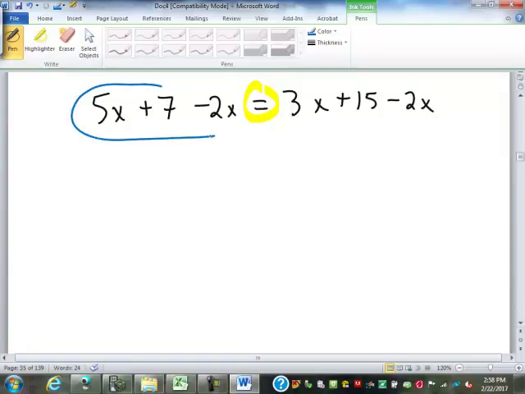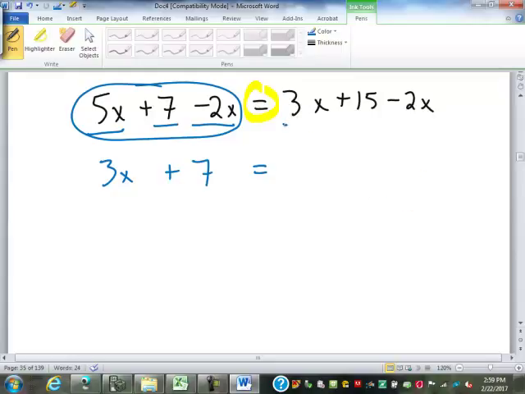So let's look at the left side here. What can we combine on the left side? 5x and -2x, which make 3x. And of course, we still have the +7. So the left side of that equation combines to make 3x plus 7.